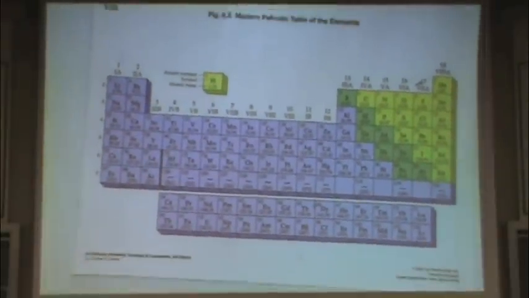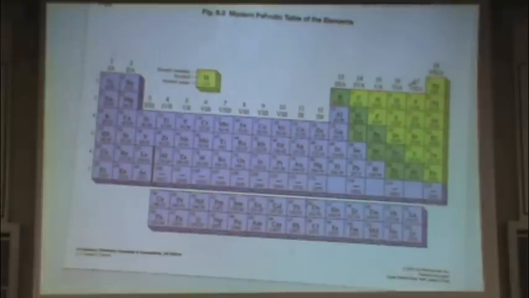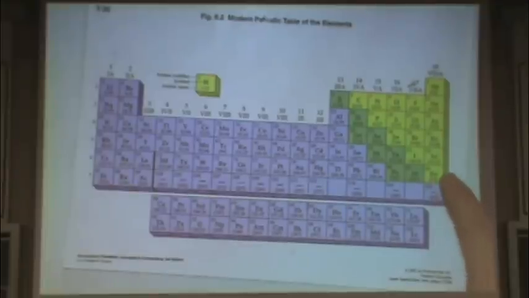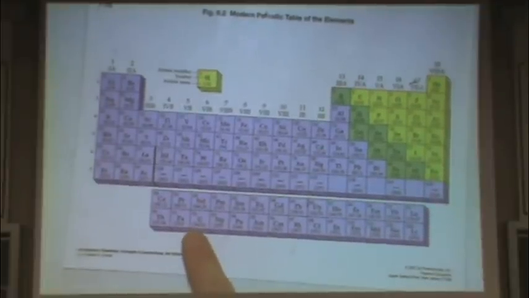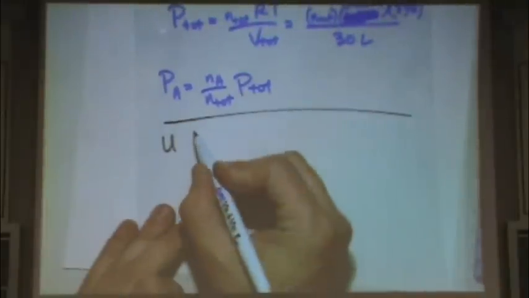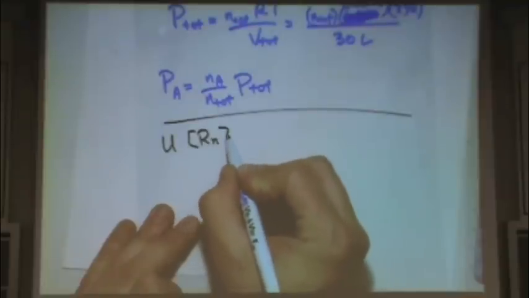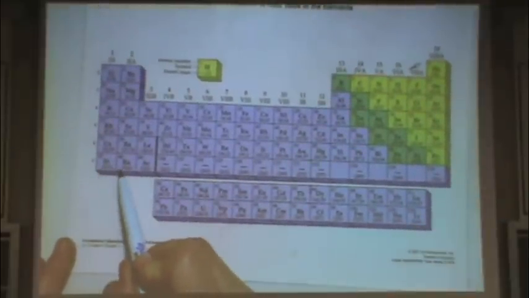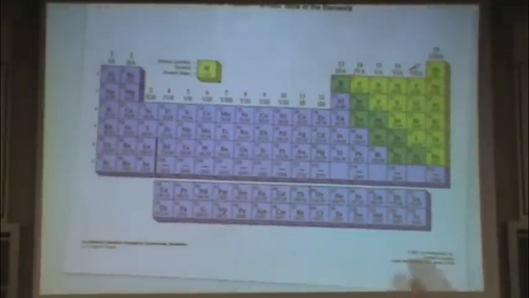So, if you're going to do uranium, you're going to go to the previous noble gas. That's radon, number 86, is the previous noble gas for 92. So we'll write that down. Then, what is the next energy level? Anybody? 7s2. Okay, so let's write that down.